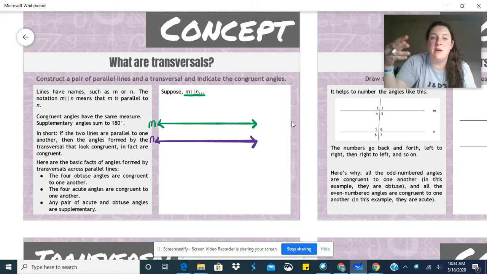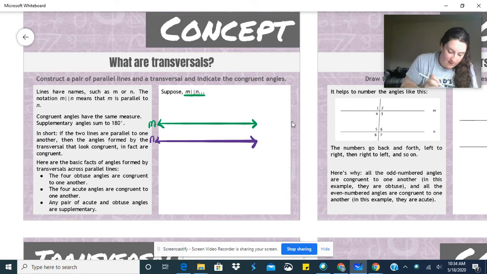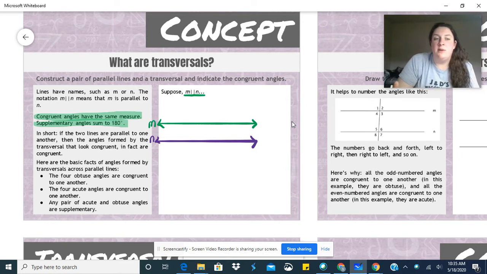Congruent angles have the same measure. Supplementary angles sum to 180. So you need to remember that congruent angles have the same measure, and supplementary angles equal 180. If two lines are parallel to one another, then the angles formed are going to be congruent, just like we talked about.